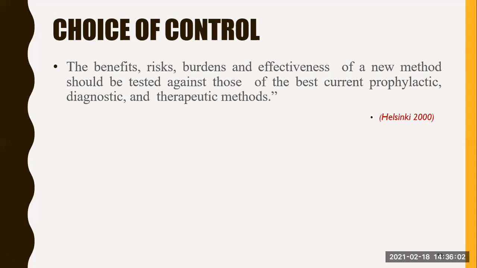When we are talking about control, we have to select the drugs which are currently available as the best treatment options. And against these best treatment options, which will act as control, we have to test our test substances. Okay.